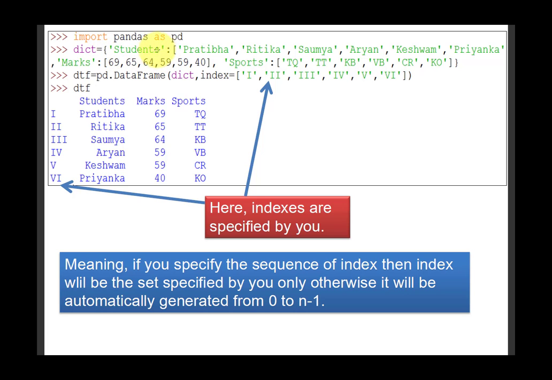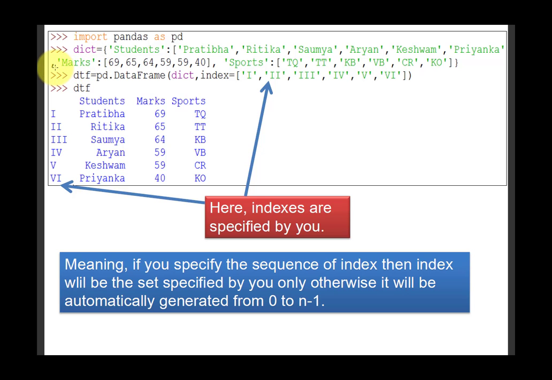In the dictionary, first is the key and then you will assign its key values. So here student is a key, colon, and its key values are 1, 2, 3, 4, 5, 6. Six key values.